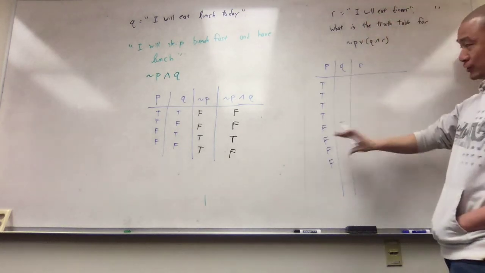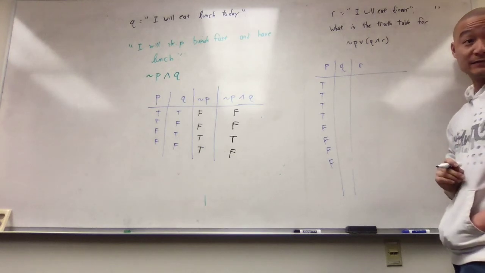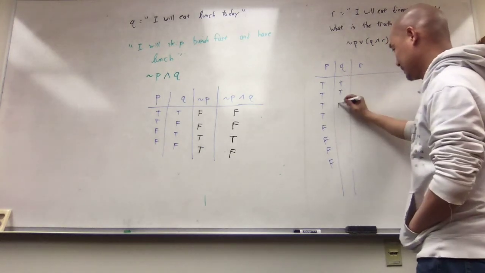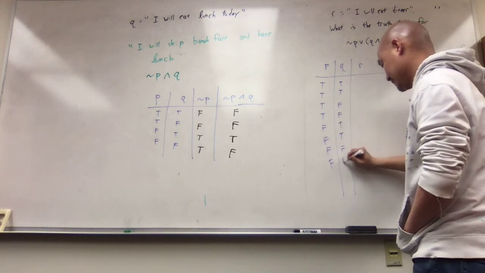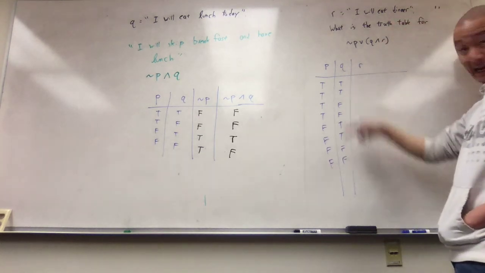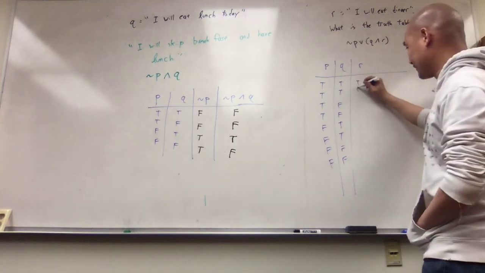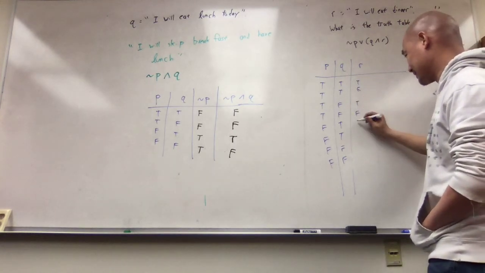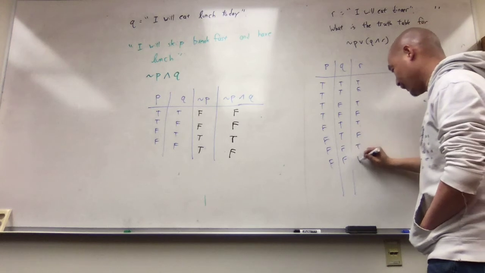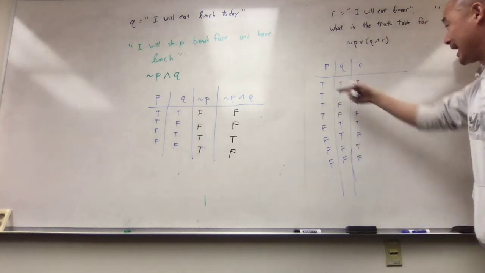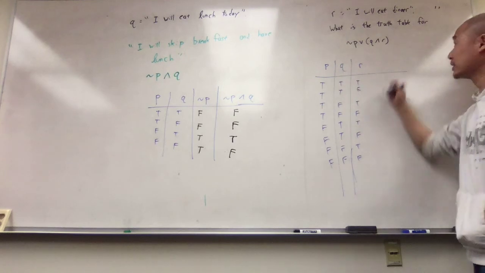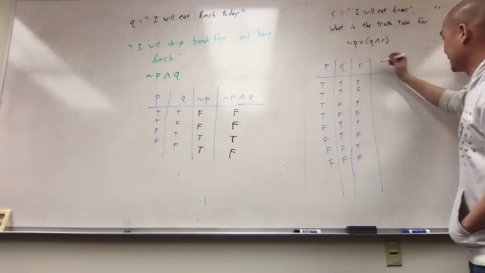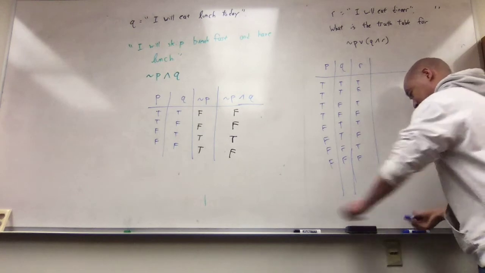Half the time P is true, half the time P is false. Half the time Q is true, half the time Q is false, half the time R is true, half the time R is false, and if you follow this pattern down, we see we have every possible combination of true and false between P, Q, and R. So, let's start.